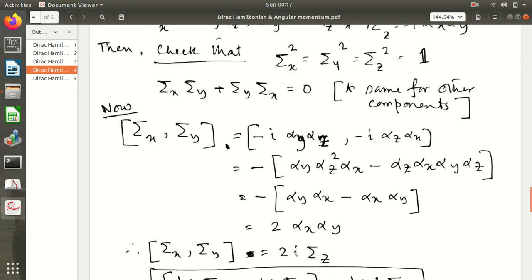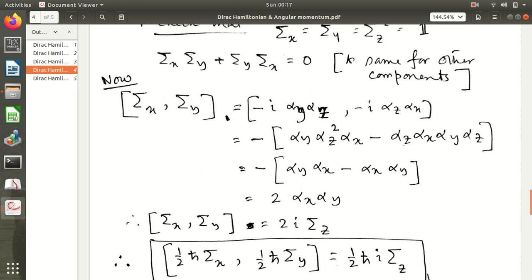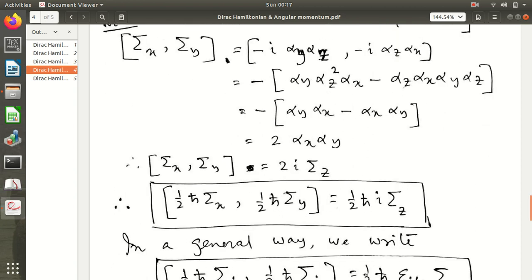Now if you calculate the commutator of Σx and Σy, put everything in and do some jumbling, you find it to be 2iΣz. Just check here, the commutator of Σx with Σy is 2iΣz.